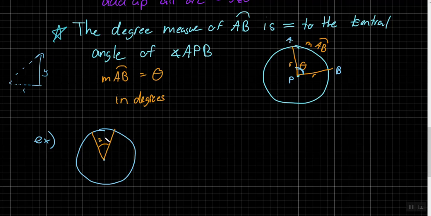If this was 25 degrees, we'll call this A, P, B, and we'll put C out here so we can denote it. I want you to find the measurement of arc AB and the measurement of arc ACB.